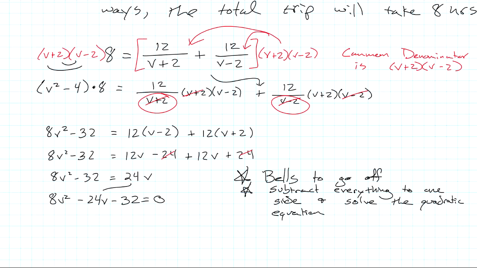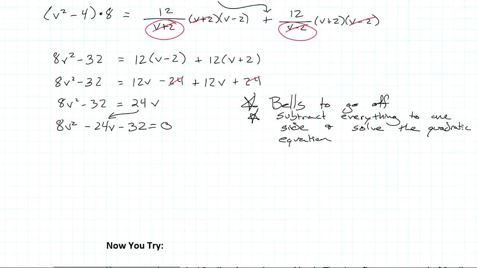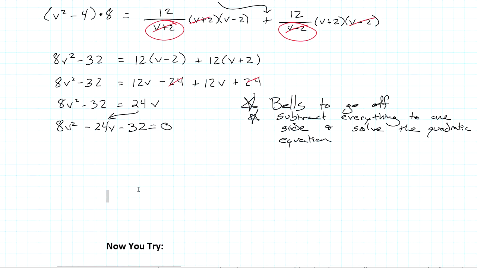So I subtracted the 24 over to the other side, and now we can go ahead and look at solving this quadratic. Now the first thing we can do here is factor out an 8, because 8 goes into 24 3 times, 8 goes into 32 4 times. So if I factor that out, I'm left with v squared minus 3v minus 4 equals 0.